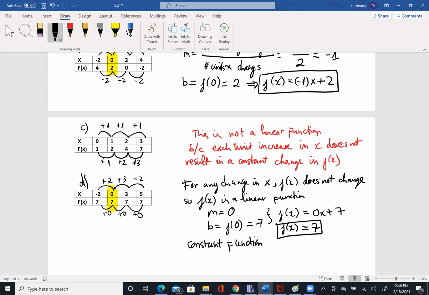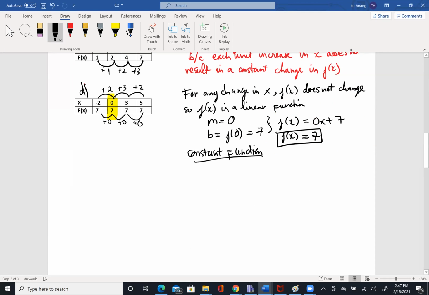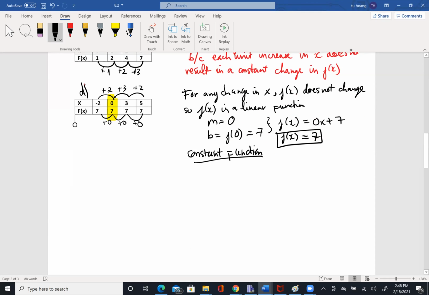Since f of x is equal to just a constant, we call this a constant function. Okay, so let's have a definition of constant function.